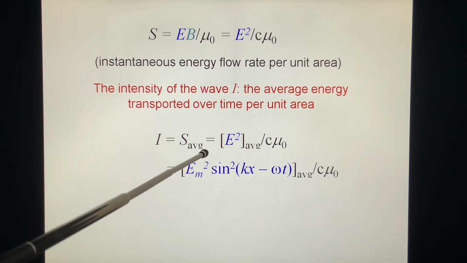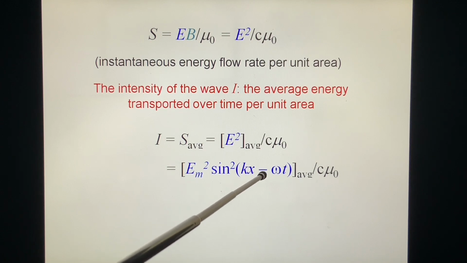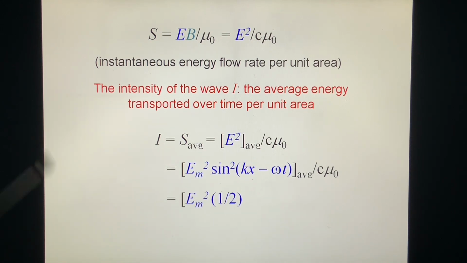This is a constant. Sine squared average equals half. So we got half E max squared over c mu 0. That is E root mean square squared over c mu 0.